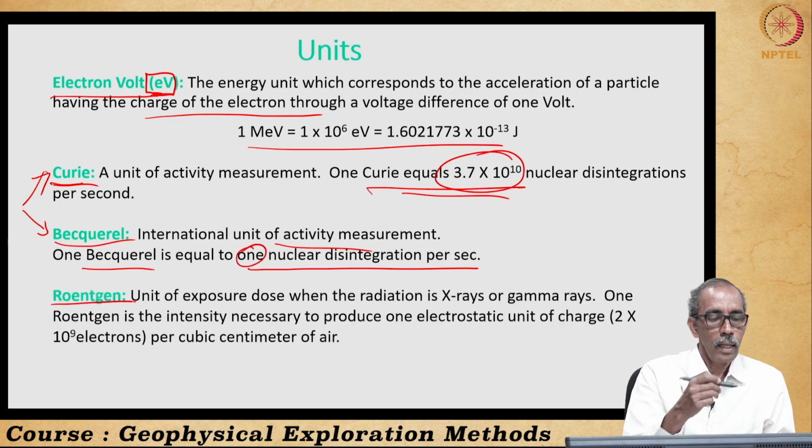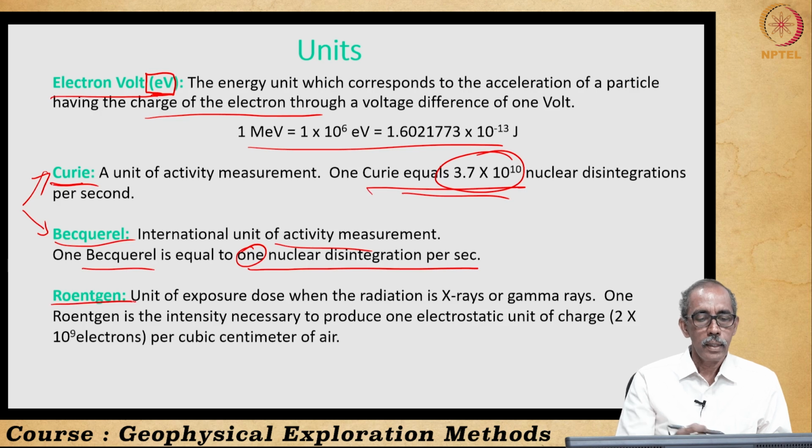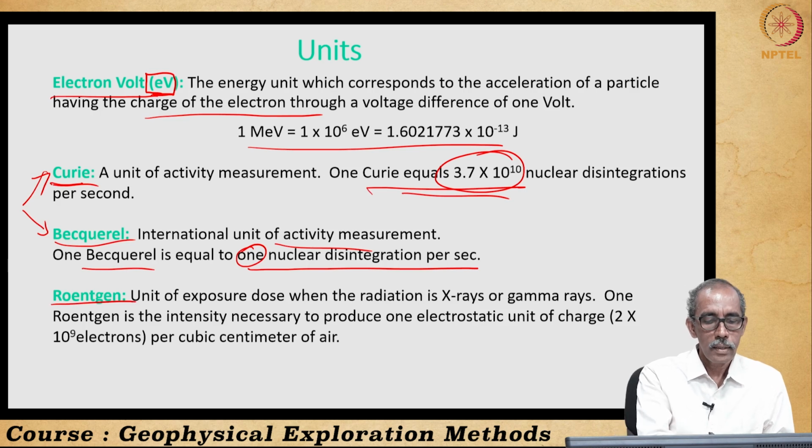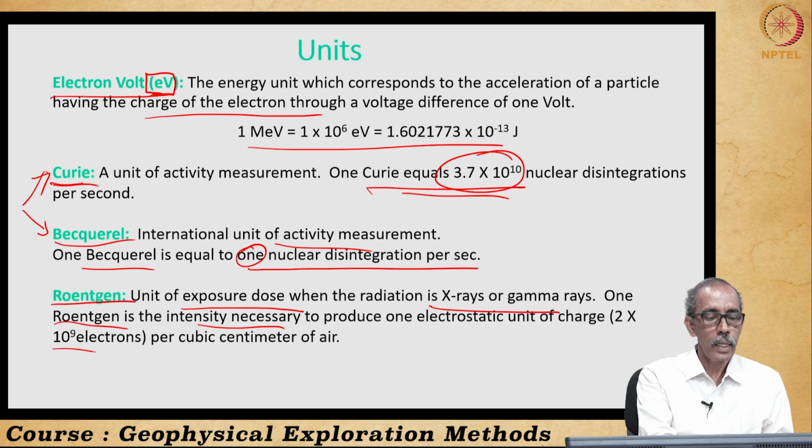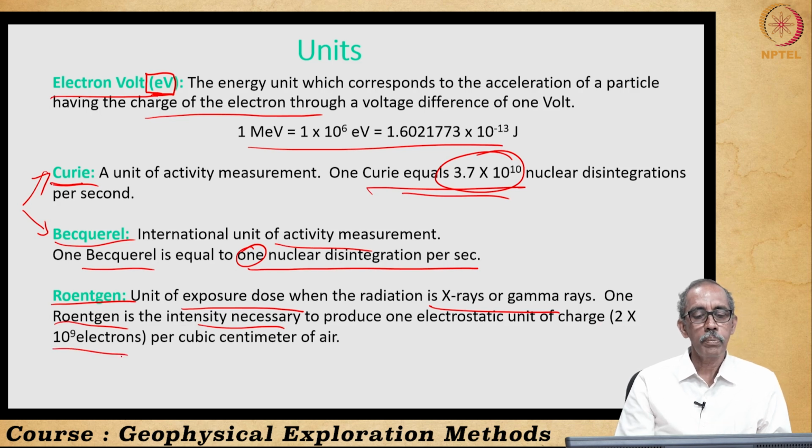Then, Röntgen is another unit. It is a unit of exposure dose when radiation is X-rays or gamma rays. 1 Röntgen is the intensity necessary to produce an electrostatic unit of charge, which is equivalent to 2 multiplied by 10 power 9 electrons per cubic centimeter of air.